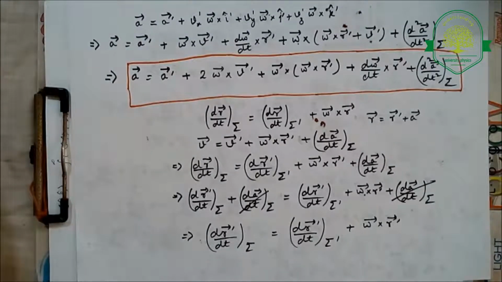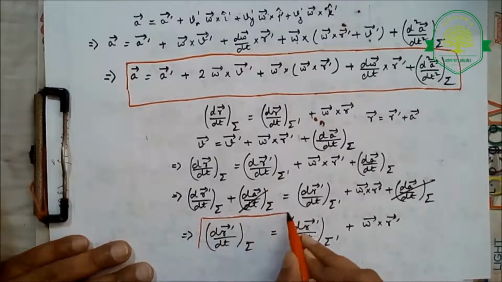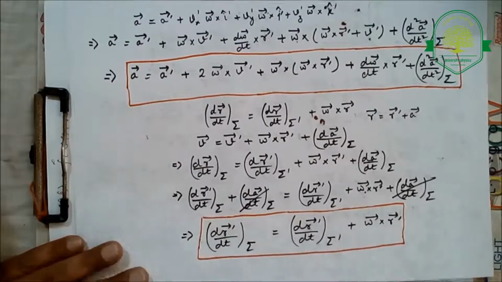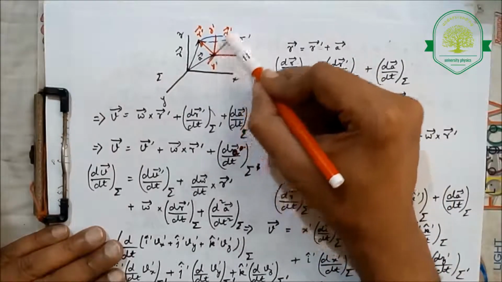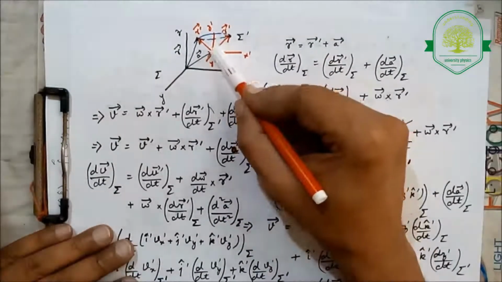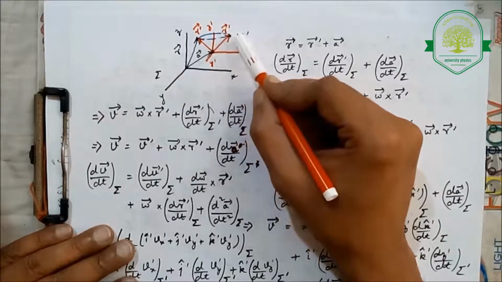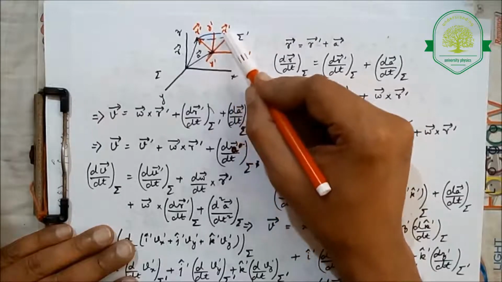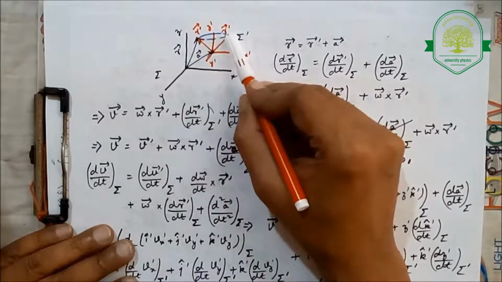Here we get the same equation back, and now we can generalize this for any vector. In place of r primed, we can place any vector. Note that in this case our r primed, say, is this vector, but this is a specific vector. It does not matter from which frame I describe the r primed vector. I can as well describe this vector from the unprimed frame of reference.